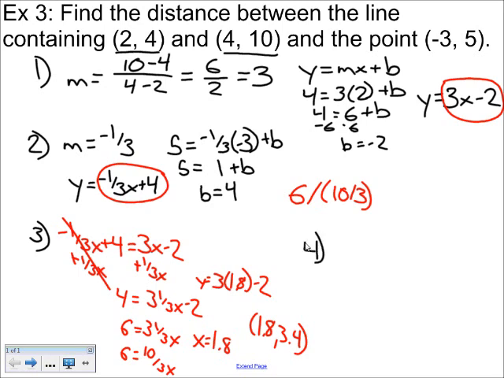Okay, so step 4, distance formula. Our distance is going to equal the square root of, doesn't matter which point we do first, I'll use the (-3, 5) as the 2's. So it's going to be -3 minus 1.8 squared plus 5 minus 3.4 squared.